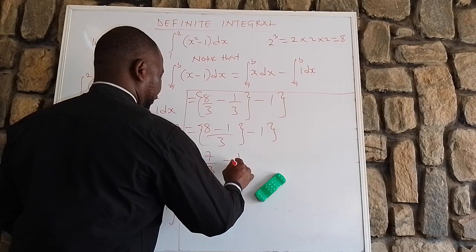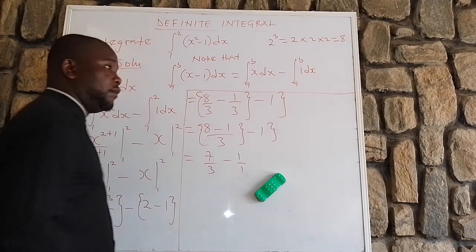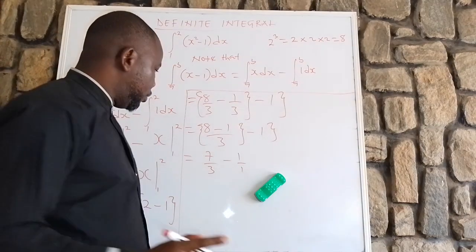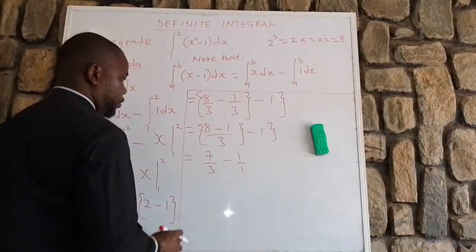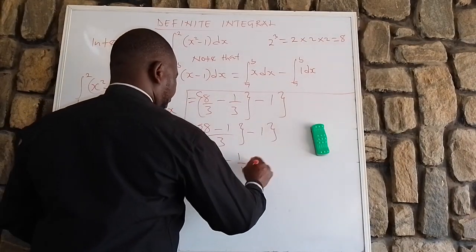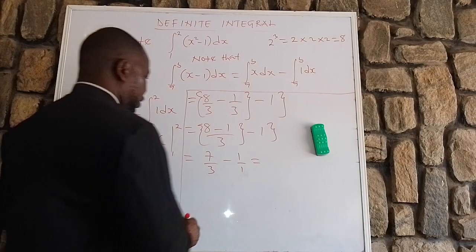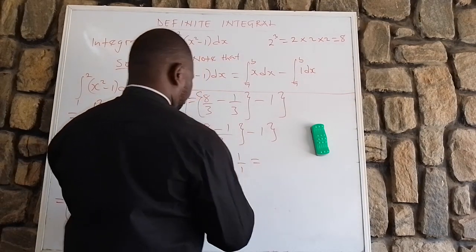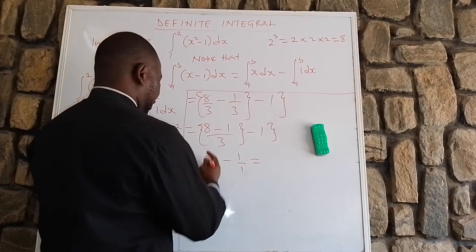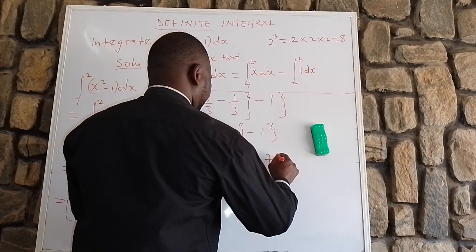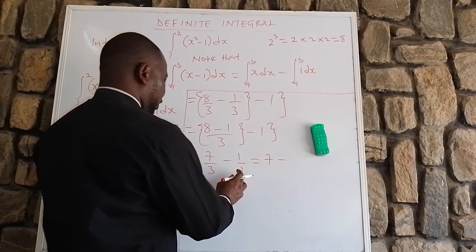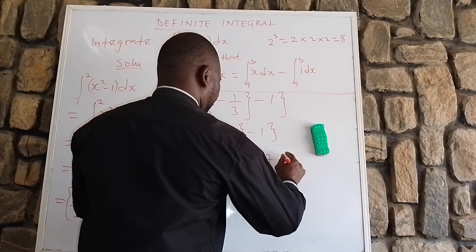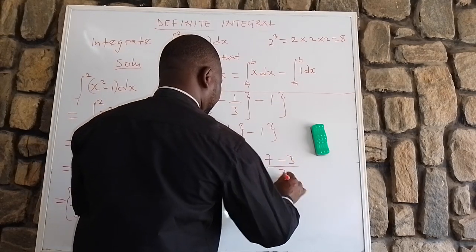Then minus 1. Note that there is an invisible 1. Do you agree with me? So here we look for the LCM again. 3 will be the LCM. 3 into 3 is 1 times 7, 7, minus 3 into 3 is 1, 3 times 1 is 3, all over 3.